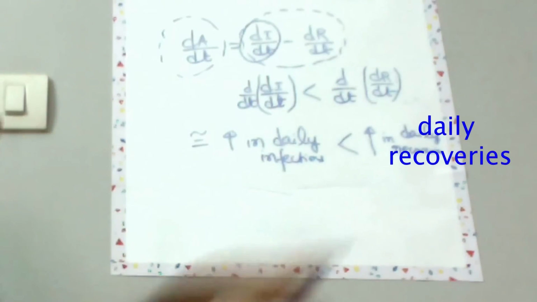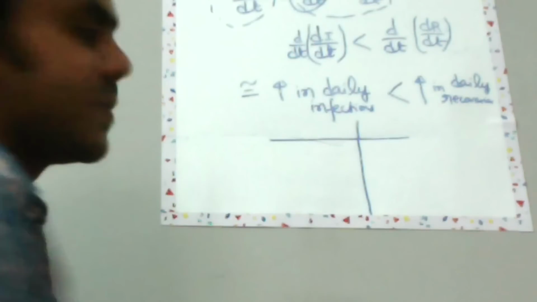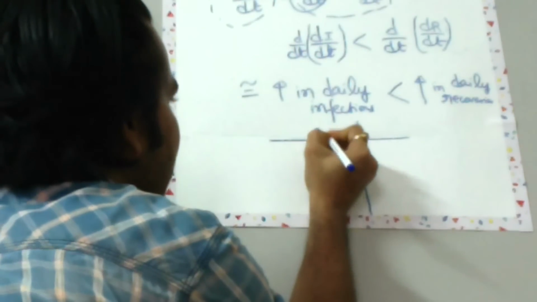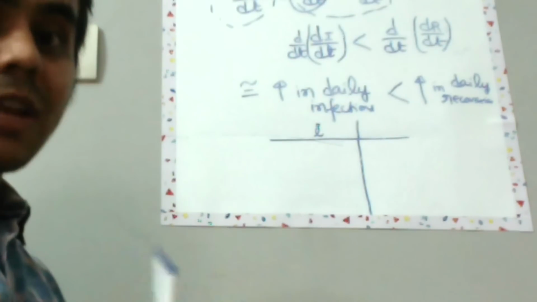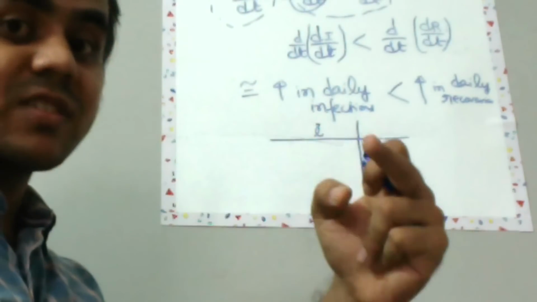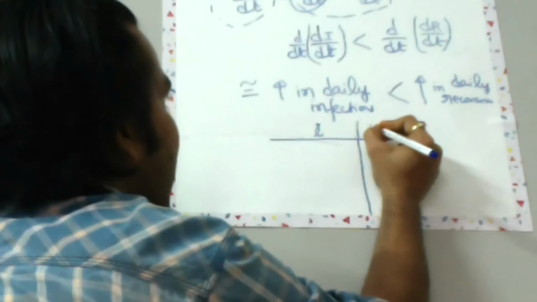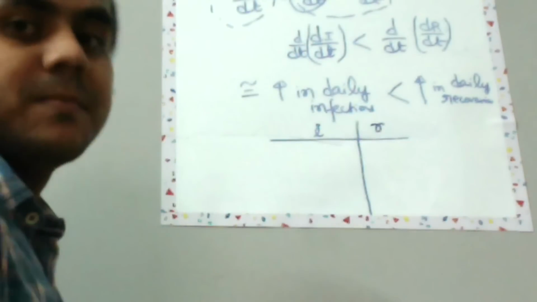Now what kind of a data would support this? Now if small i is your daily infection, I'm taking small i because capital I is total infection, and small r is your daily recovery.